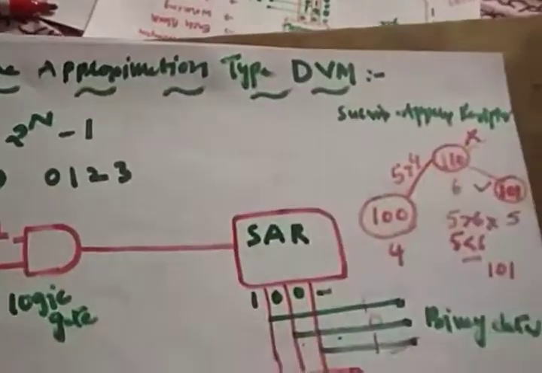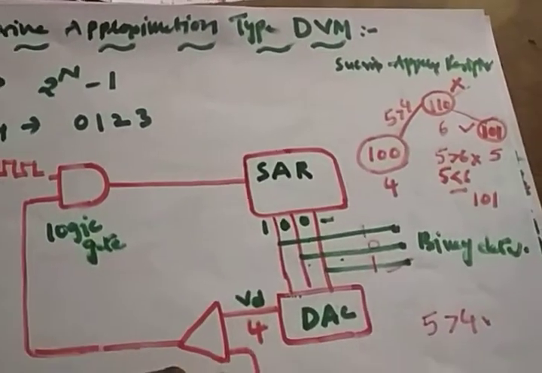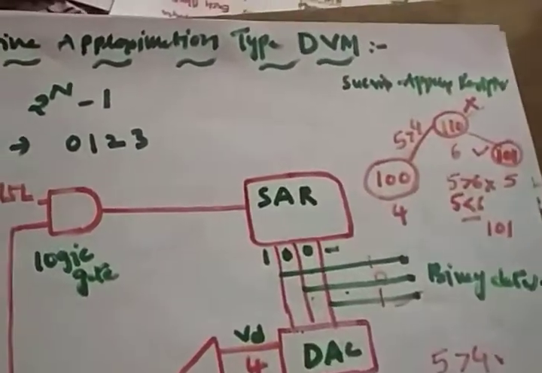In a counter type, the number of clock pulses is 2 power n minus 1. In a successive approximation type, the number of clock pulses is n. If it is n bit, there are n clock pulses. If it is 3 bit, only 3 clock pulses are there. In 3 clock pulses, you will get the result for any value of a 3-bit digit, right?